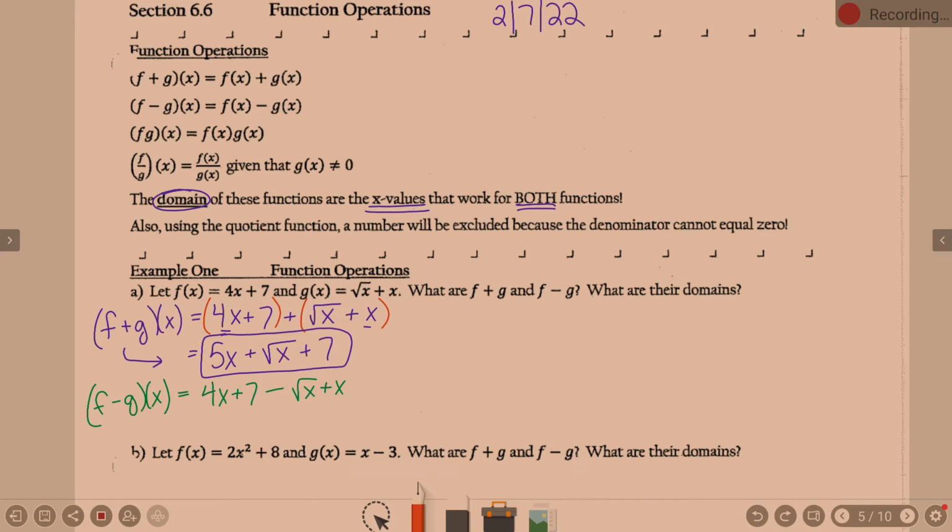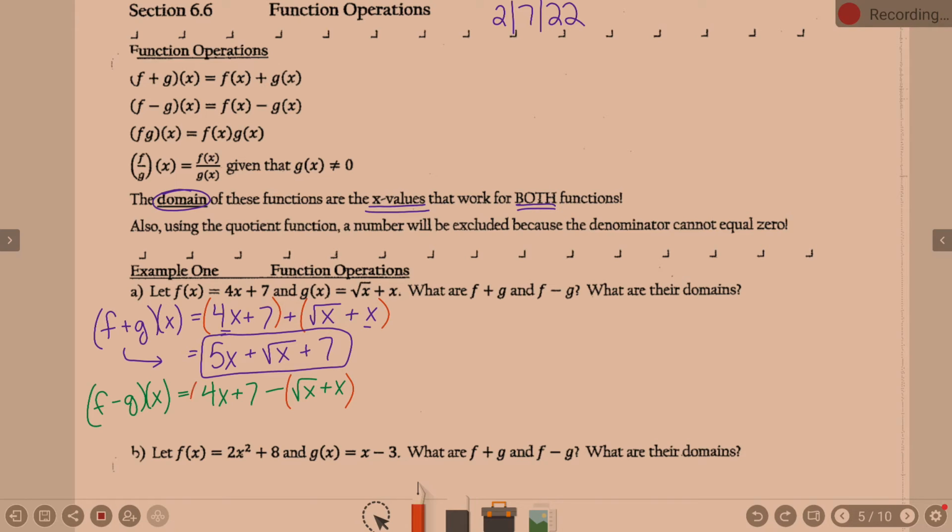Now, here's the deal, guys. There is an important set of parentheses that has to be there. On the plus, I threw in the parentheses. We didn't have to have them. On the subtraction, there are some parentheses you have to have there because we're subtracting everything in that second quantity.